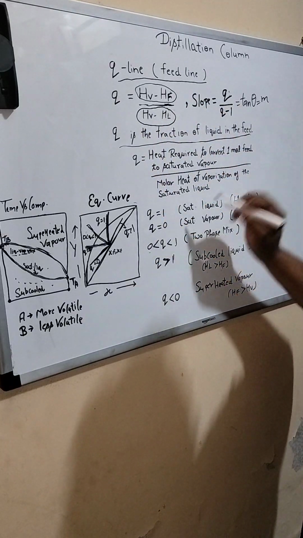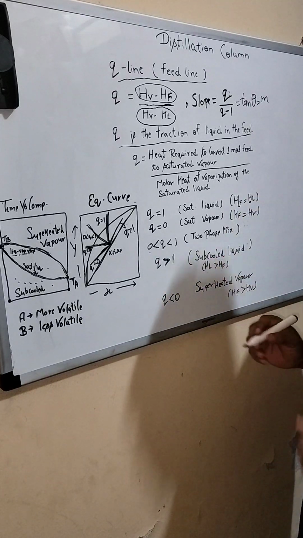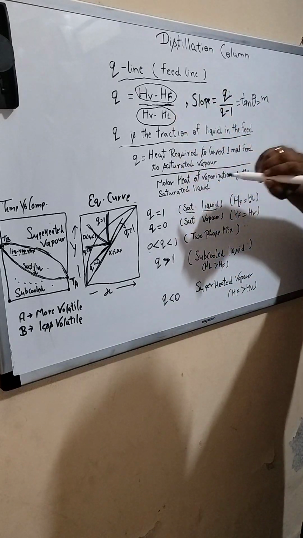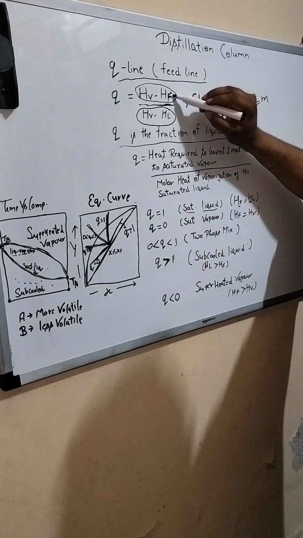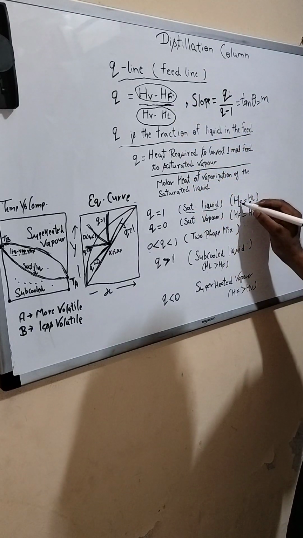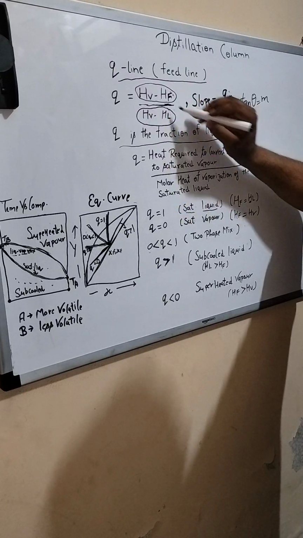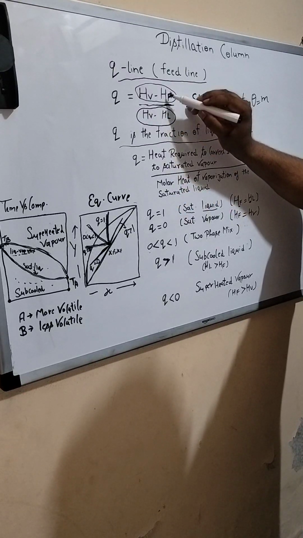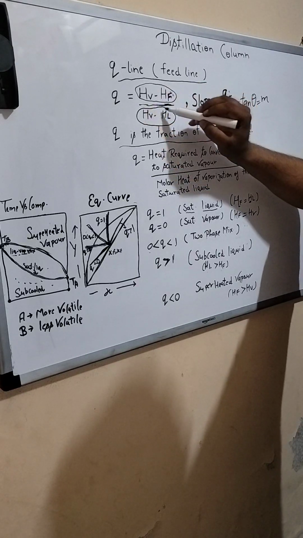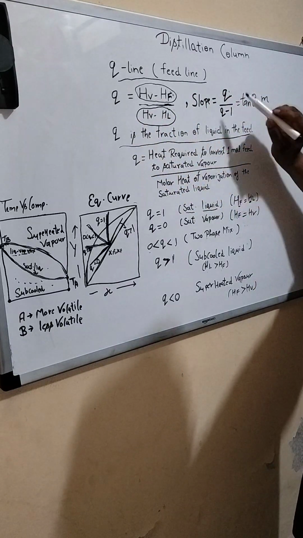When the feed which you are feeding in a distillation column is a saturated liquid, then HF is equal to HL. Once HF equals HL, this factor becomes equal to this factor, and the value of Q is equal to 1.